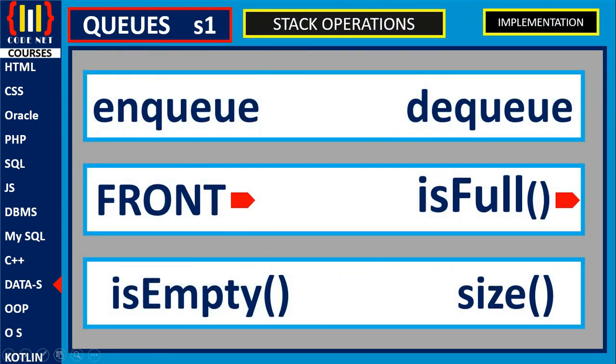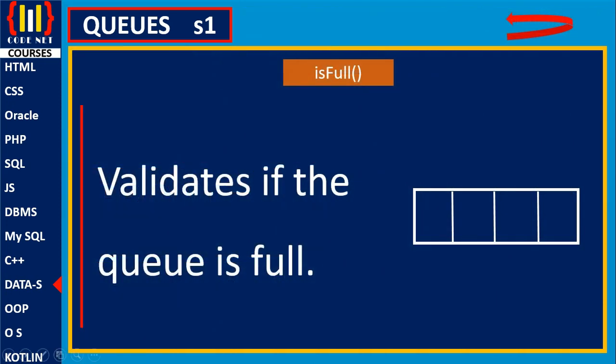Another operation is called isFull, or full as an operation. isFull is an operation which validates if the queue is full. It is a Boolean expression. Hence you will see, okay, is the queue fully occupied? If it is occupied, I mean, yes, isFull is equal to true.